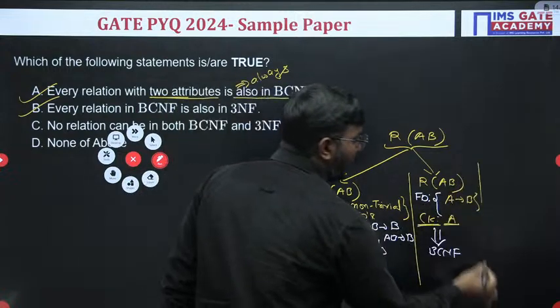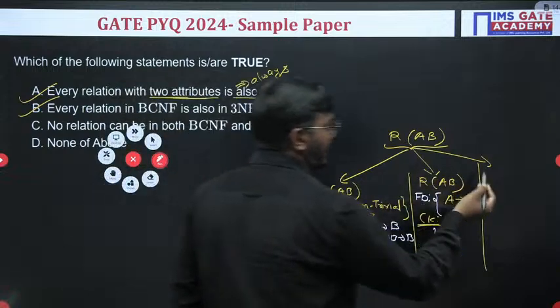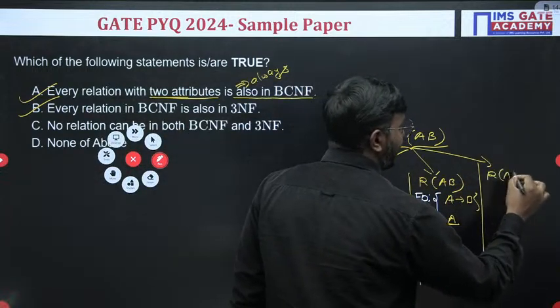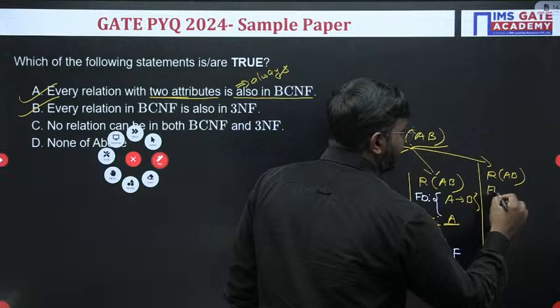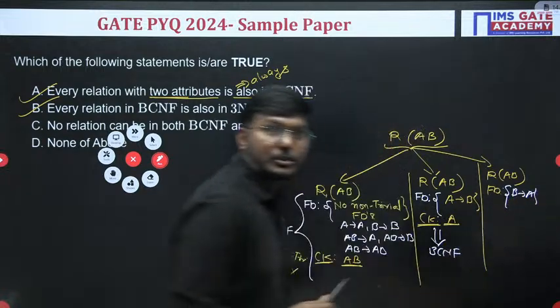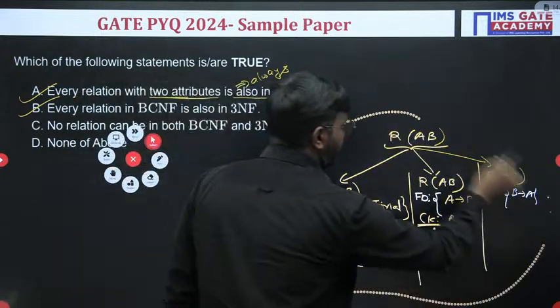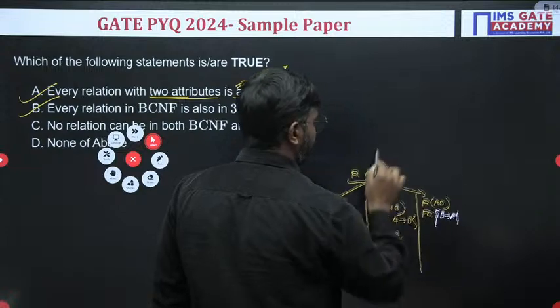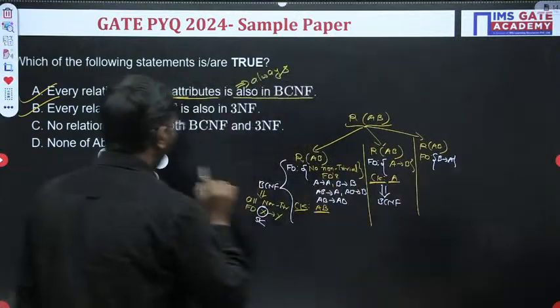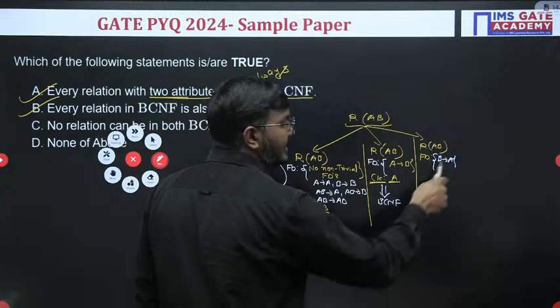Similarly, one more possibility is that R has an FD set with B goes to A. This B goes to A is a non-trivial FD.